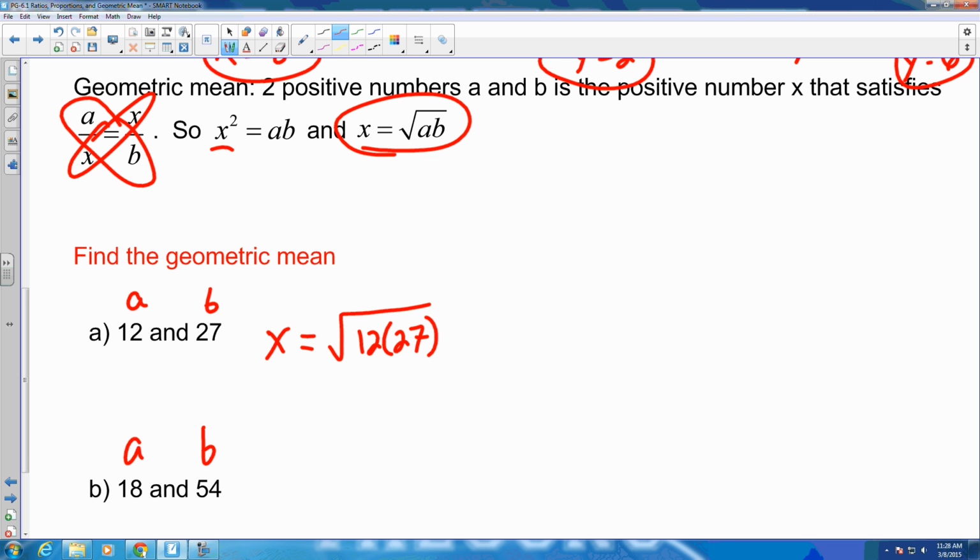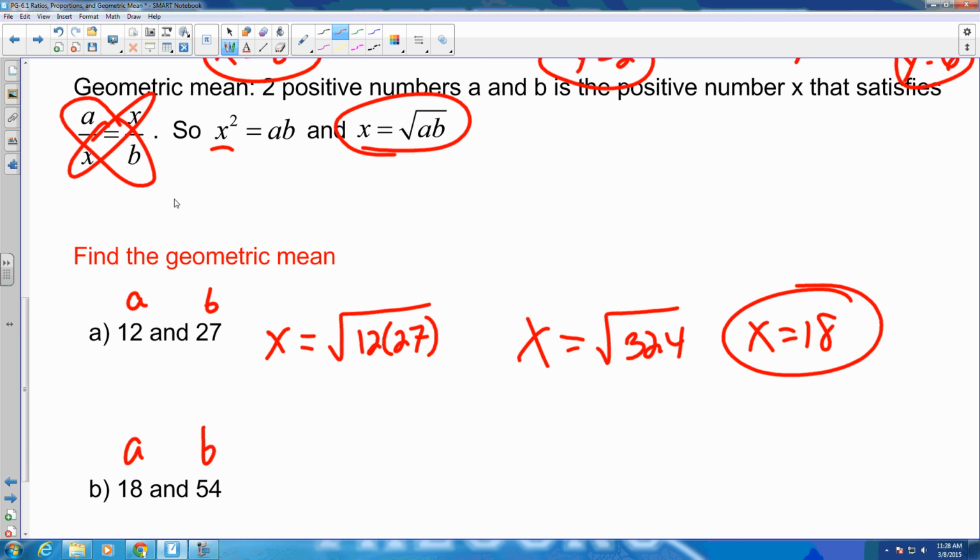So 12 times 27 gives me x equals the square root of 324, and the square root of 324 is 18, so x equals 18. All right.